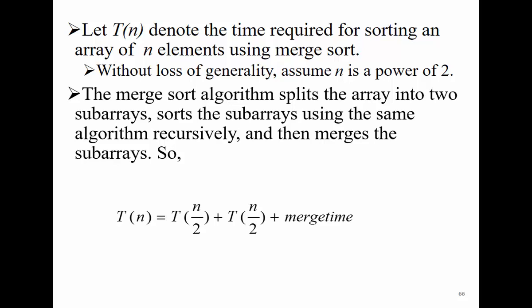So the time complexity for merge sort for an array of size n is simply the merge sort for n over 2 plus the merge sort for n over 2: the merge sort for the front, then the merge sort for the tail, plus the merge time, since once you receive the arrays already sorted, you need to merge them together.